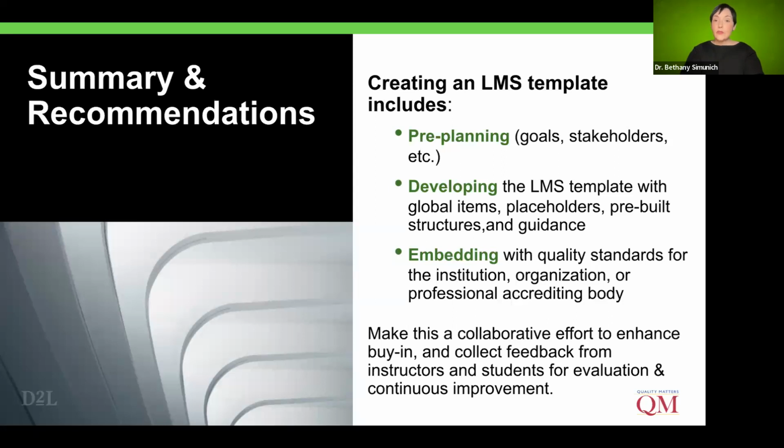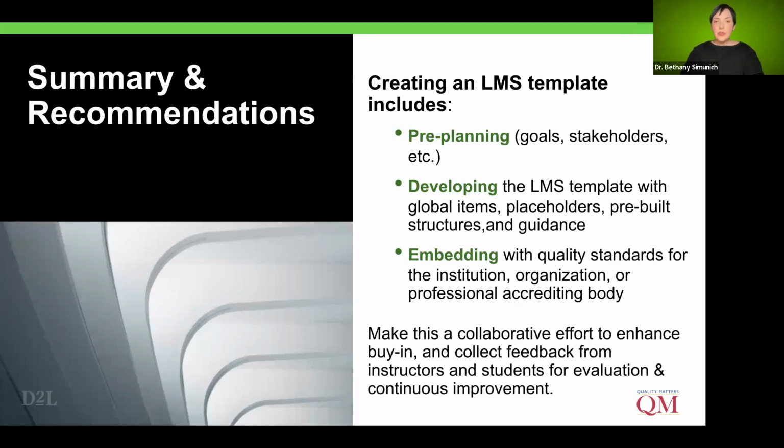In sum, there are three main stages to creating a quality LMS template for an institution or organization: the planning and decision-making that precedes the actual template development, developing global items, discrete and modifiable placeholders, and pre-built structures, all with embedded information and guidance for designers, and finally, embedding the template with relevant quality assurance standards.